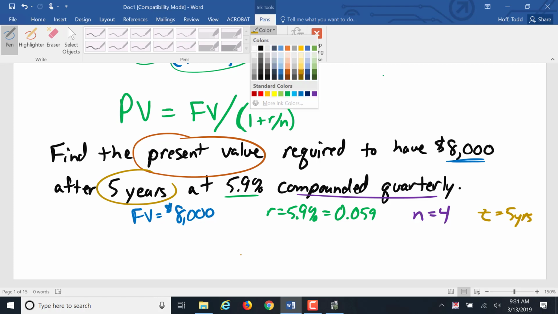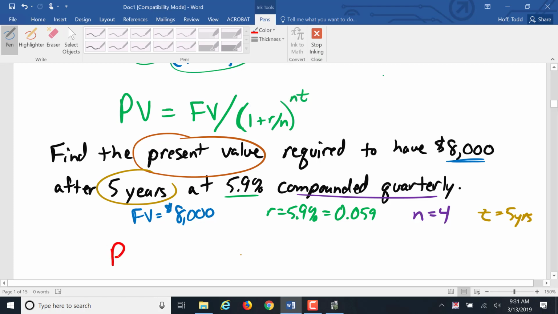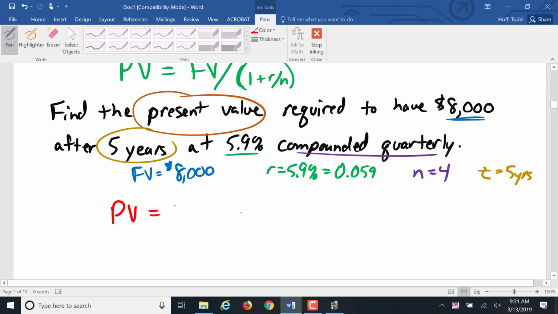So our formula becomes the present value is equal to that desired future value of $8,000 divided by our compound interest factor, open parentheses, 1 plus 0.059 divided by 4, that's 4 times a year for N, to the power of 4 times 5.